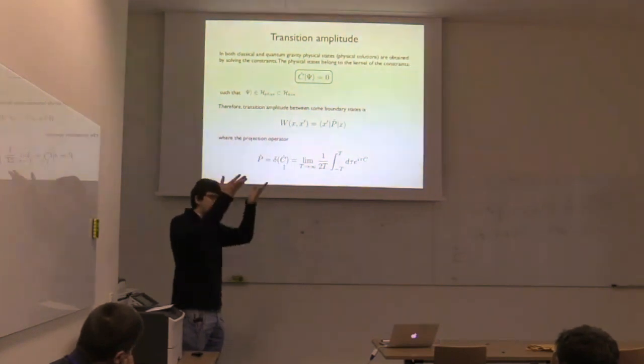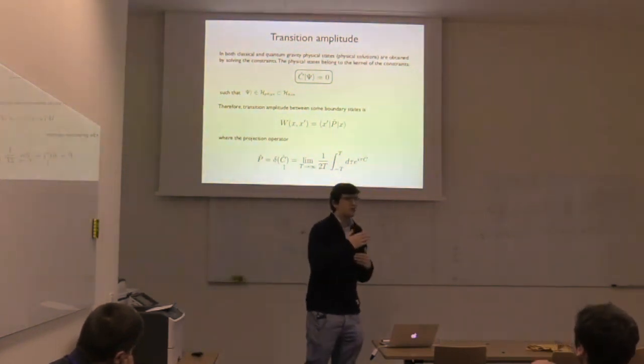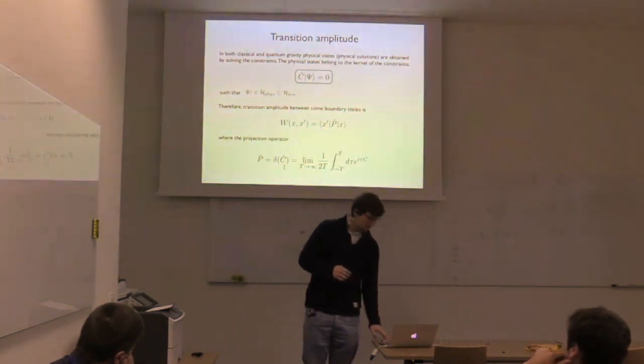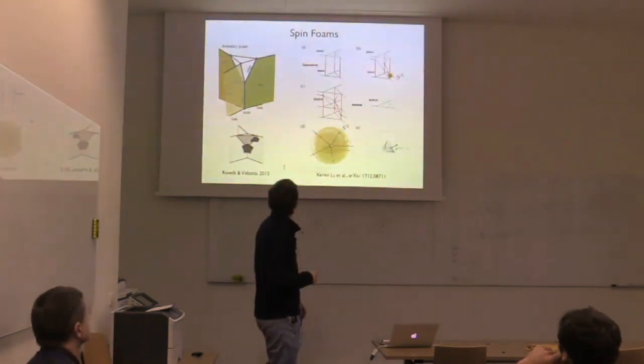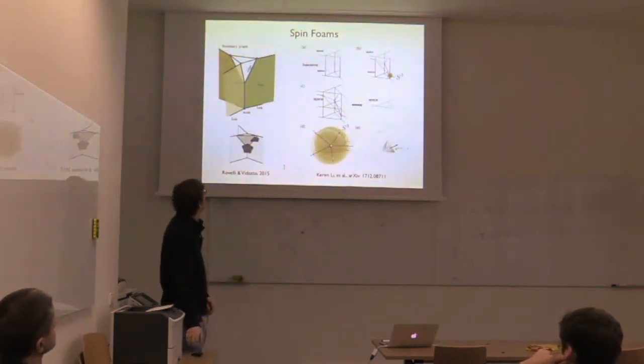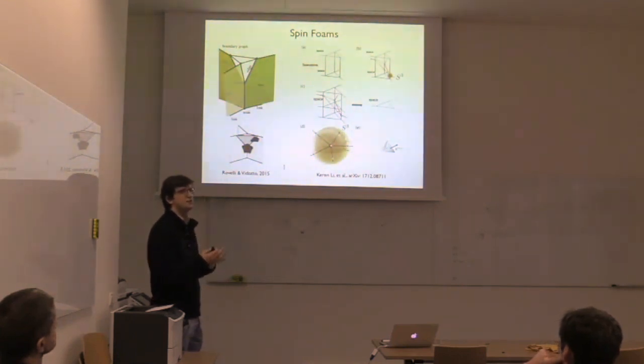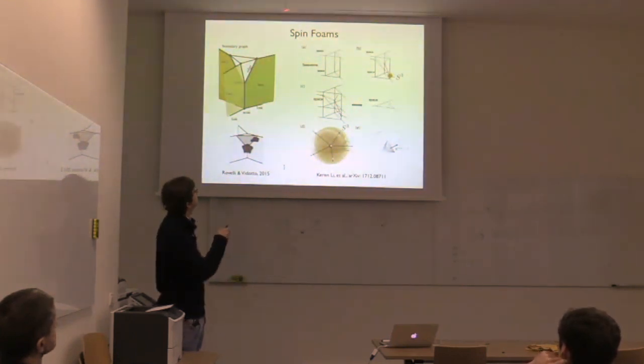But then you have time evolution, and you have certain elementary processes and transition amplitudes between spin network states. The space-time extension of the spin networks are the so-called spin foams. So the spin foams are basically how the spin networks evolve in time.